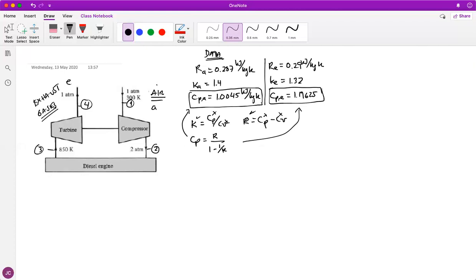Now, there are more things. Let me think about how to put it. I'm going to tell you what they are asking you to find. For problem A, there are two problems in this one.